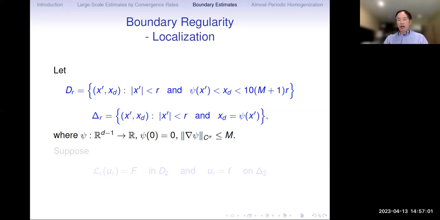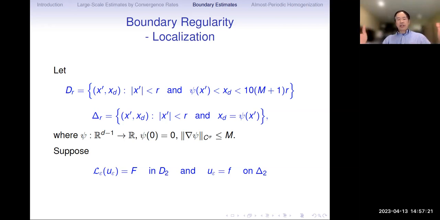So let's just localize the boundary problem, say to a piece of a graph. We'll have to assume the boundary is C1 alpha here. So psi is a C1 alpha function or C1 sigma function.